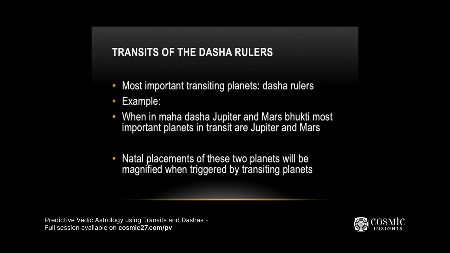So the most important transit while you're in a dasha Bhukti is going to be that planet that rules that Mahadasha Bhukti. So let's say you're in Saturn's Mahadasha. That means a transit of Saturn is the most important planet during that time.